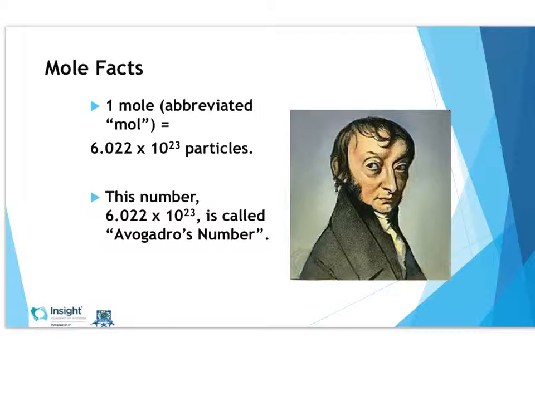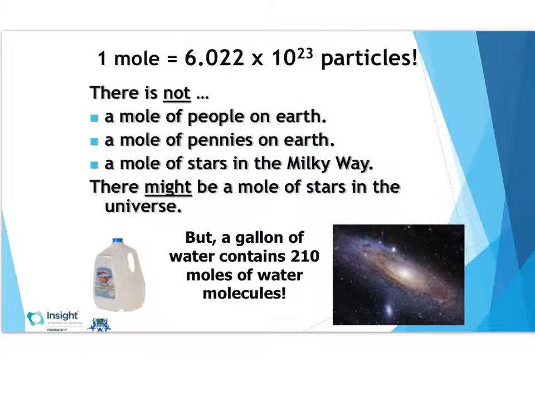But just to try to give you some ideas about how huge this number is, okay? If you were to count all the people on Earth, there's 7 point something billion, all right? Billion is 10 to the 9th. And we're dealing with 10 to the 23rd.